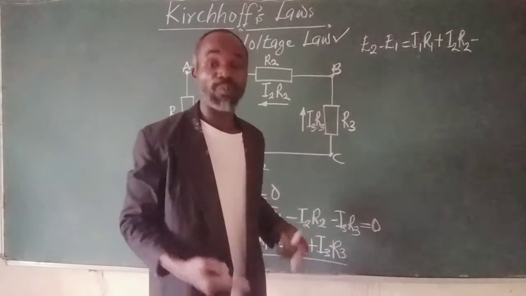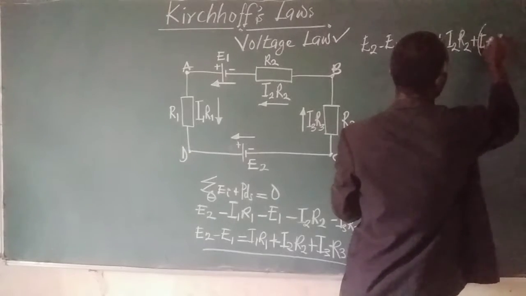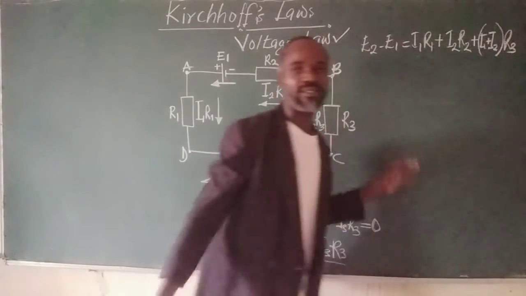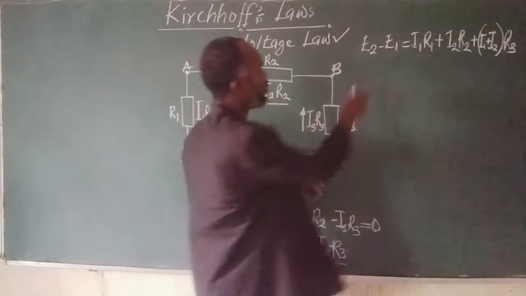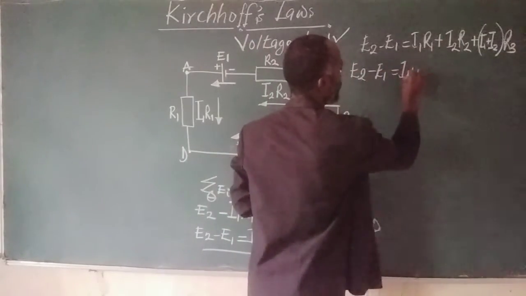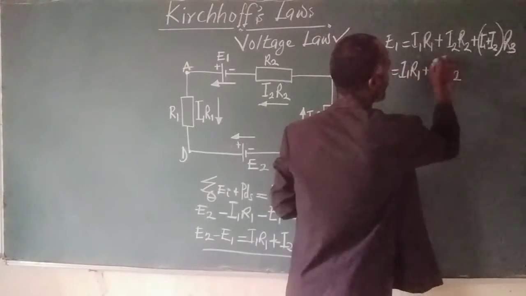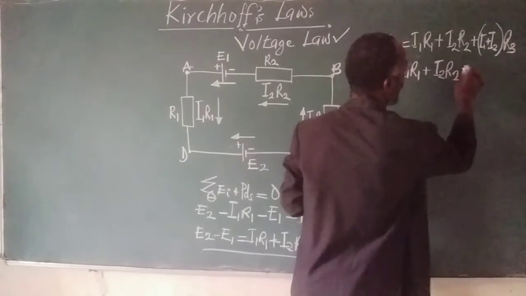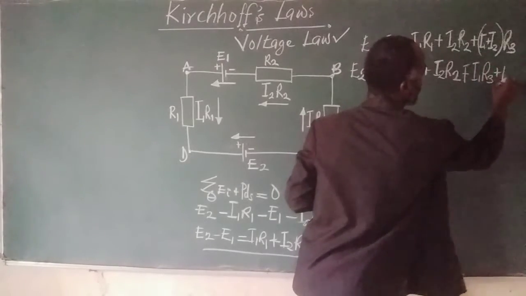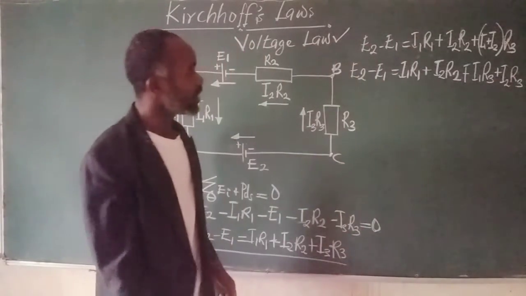So we will have plus bracket open, current 1 plus current 2, bracket close, times resistance 3. If we understand this, we can also evaluate further. We open the bracket, we have I1 R3 plus I2 R3. Good. That's what it means.